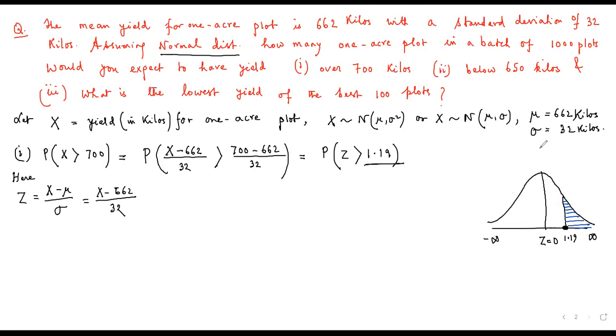And we know from the chart that I shared with you, these sorts of values are given in the chart that I am following from the book. If I take X equal to 1.19, we can get the probability from the normal chart.